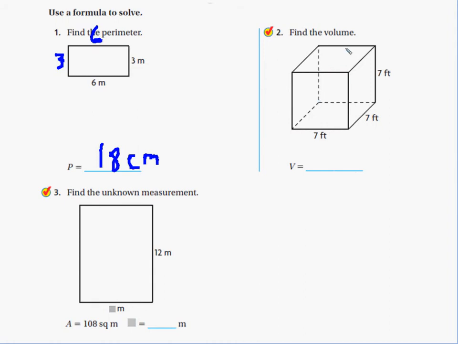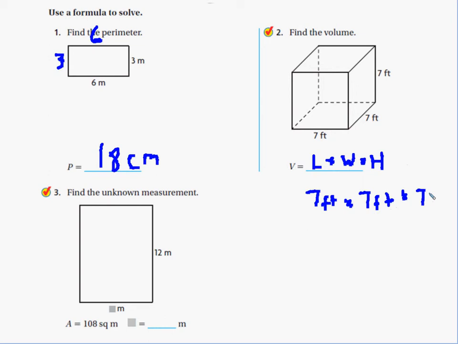Now here it says find the volume. Well, I know volume equals length times width times height. And in this case, we have 7 feet times 7 feet times 7 feet.